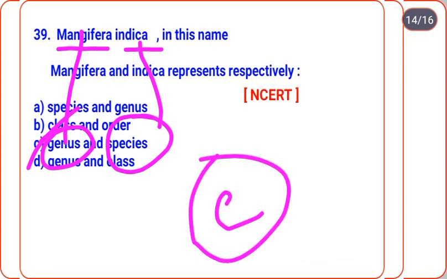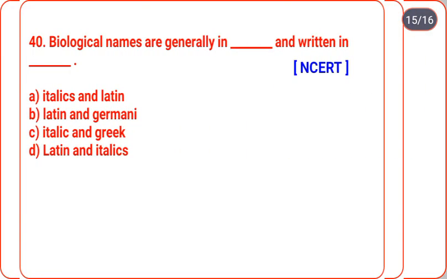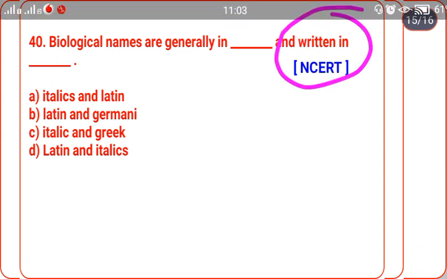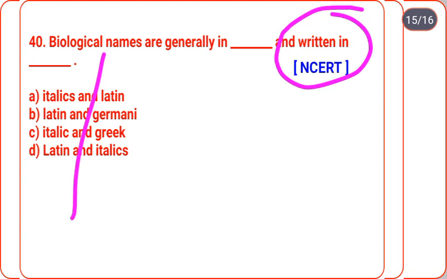Okay, next, question number 40. Biological names are generally in dash and written in dash. Already we have discussed, written in italic letters. So here the last component will be italic. Latin, German, Greek, italic. Yes, option D is our correct answer. It is quite easy.